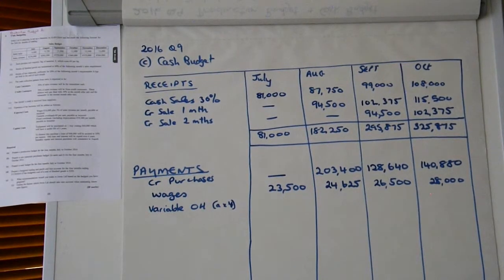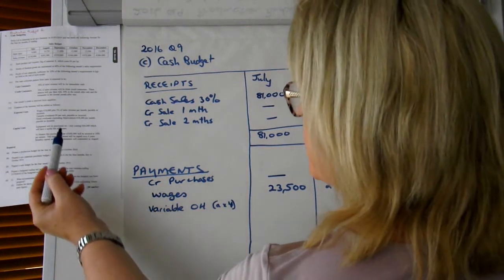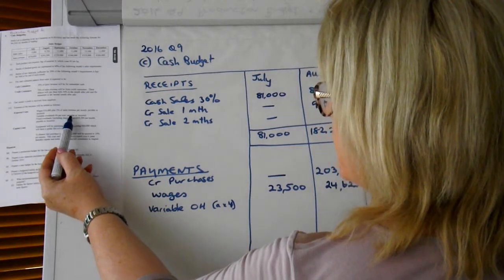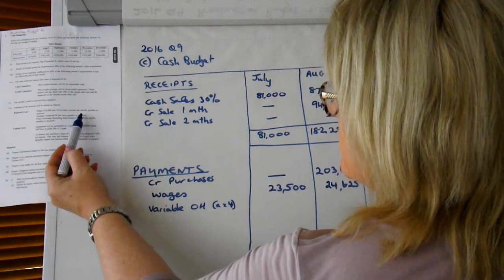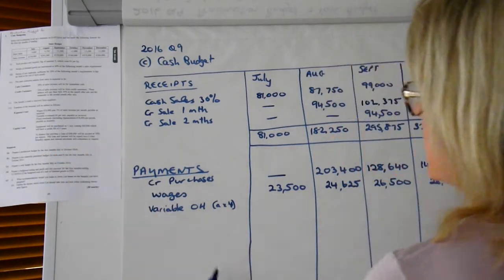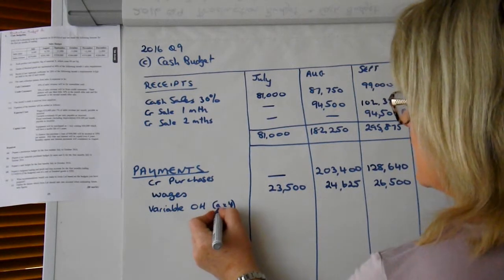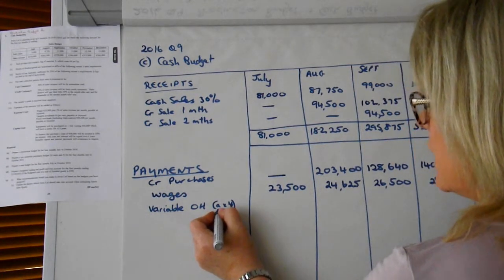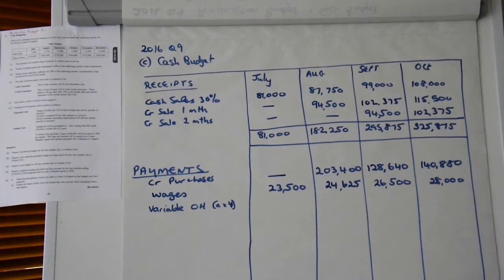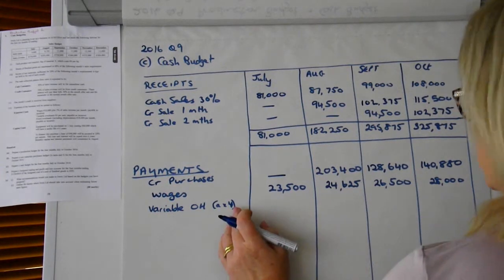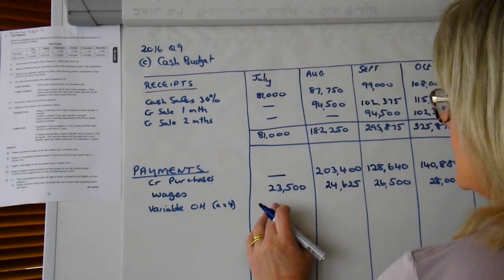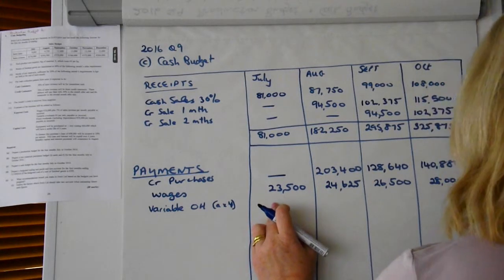The next piece are the variable overheads, and in this question it tells us that variable overheads are €4 per unit payable as incurred. So what are the units that we incur each month? Well, they're actually the units calculated back in Part A. So check back to Part A, and for July you'll see that we have 14,850, and we're multiplying that by €4.